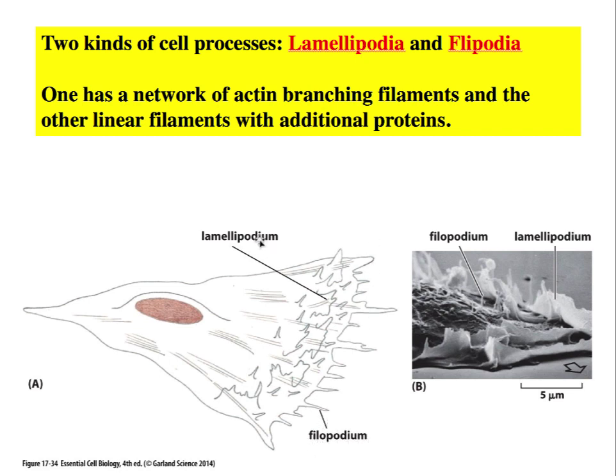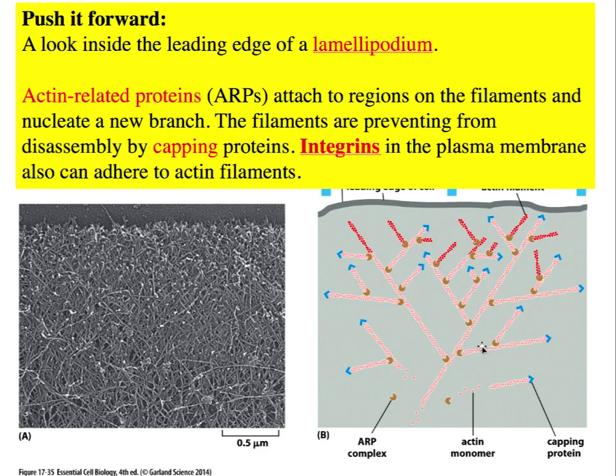The main difference between the two structures, other than size, is what happens internally in the cytosol. In filopodium, actin filaments are growing in a linear fashion, and they are not branched. Whereas in lamellipodium, the actin filaments are highly branched, as indicated in this slide.